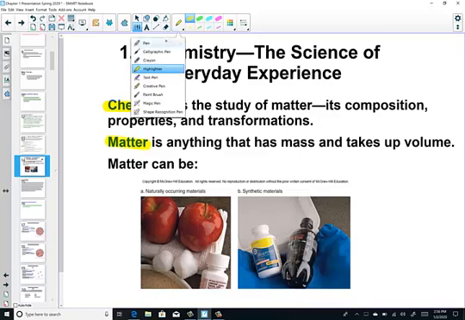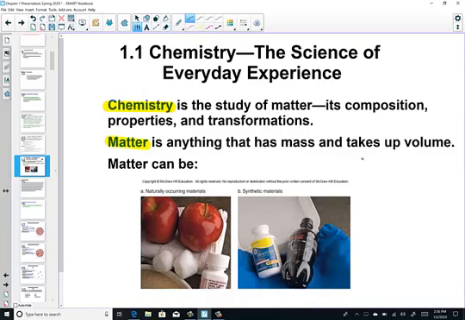We will learn and focus in on the last section here that there is a ratio of mass to volume that any composition of matter has, and we'll learn that that's called density. So matter is anything that has density, that ratio of mass and volume. Matter can be naturally occurring substances such as apples. Here's some cotton. This is sand.